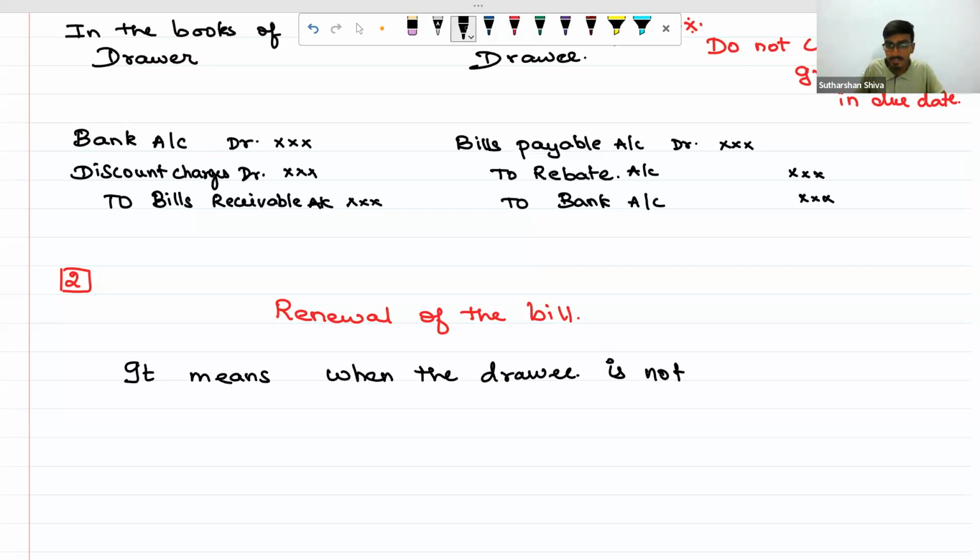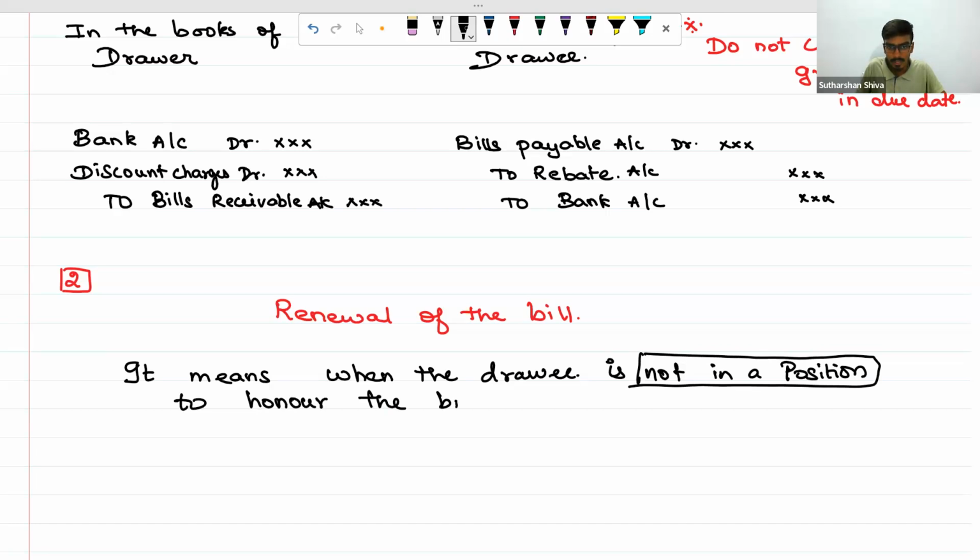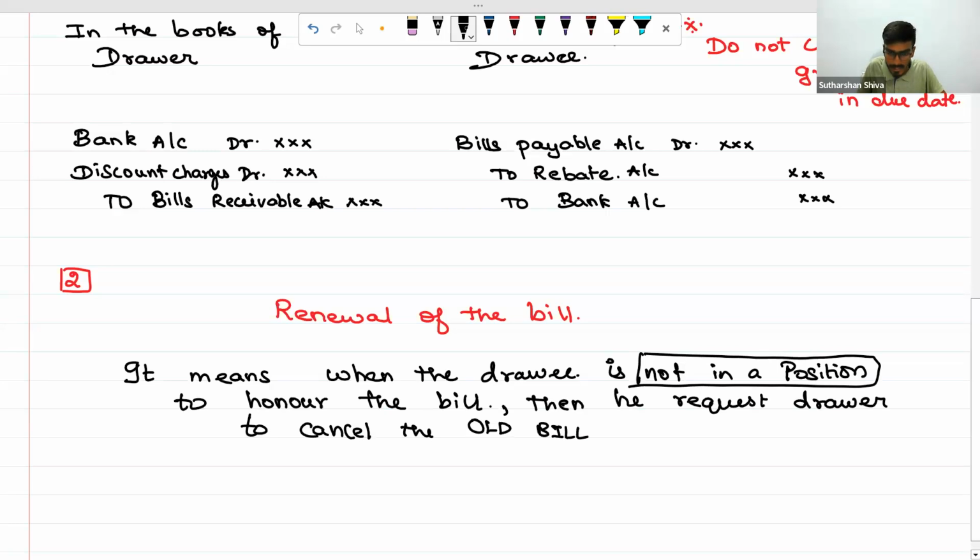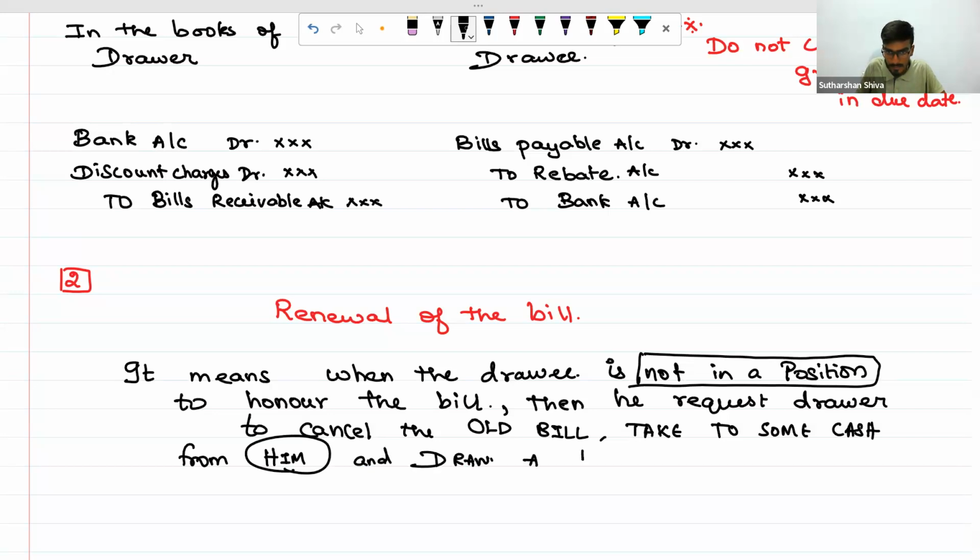Renewal of the bill means when a drawee is not in a position to honor the bill, then he requests the drawer to cancel the old bill, and to take some cash from him, and draw a fresh bill for the balance amount.